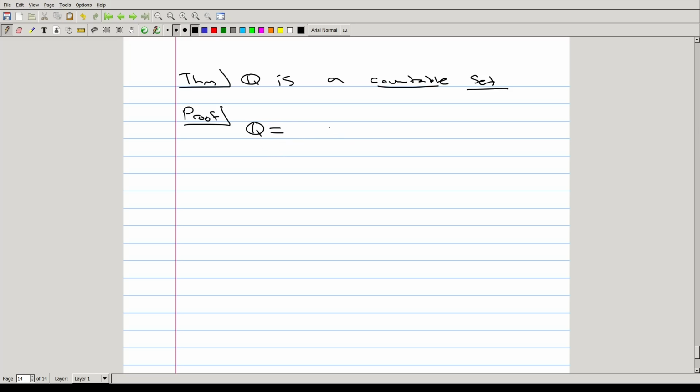And recall that we've defined the rational numbers as a set of all ratios P over Q, such that P is an element of Z, or an integer, and Q is a non-zero positive integer.